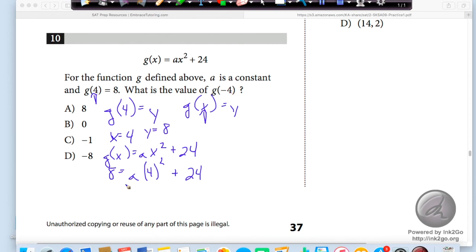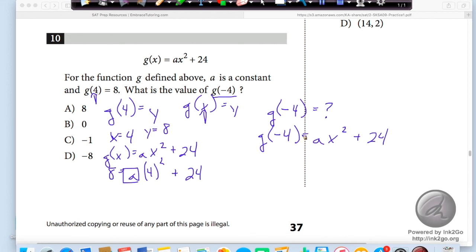Well, what that means is that I can take this value for a, and I can plug this back in to the other equation, which I'm going to want to solve for. So g of negative 4. I don't know what that is, but I know it's the same equation essentially. I know that g of negative 4 equals a times x squared plus 24.